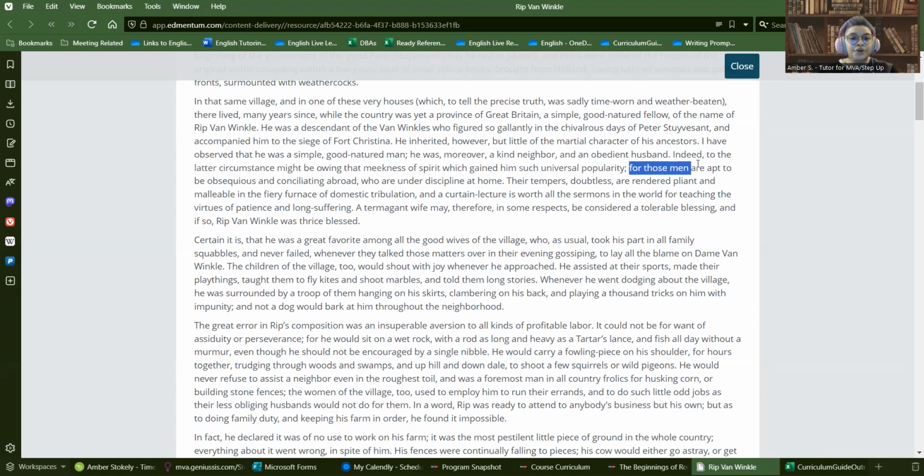And then it says, for those men are apt to be obsequious. We're going to look that up because I feel like that's a little more difficult than usual. So we have obsequious and conciliating. We're going to look up obsequious first.